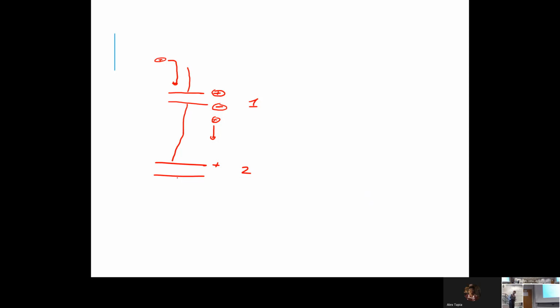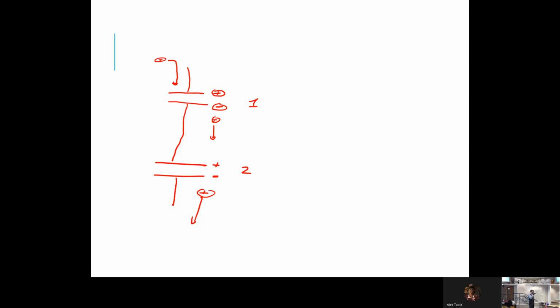And of course, the bottom plate of the second capacitor sees the positive charge on the top plate, and that forces positive charge off the bottom plate, which carries on its merry way, and you end up with a negatively charged bottom plate.